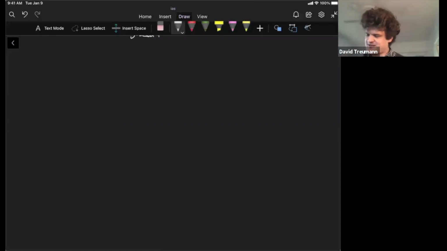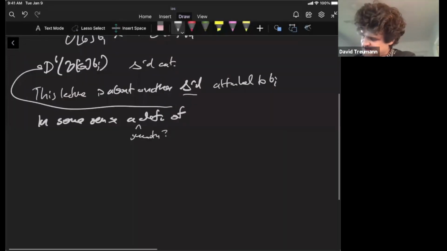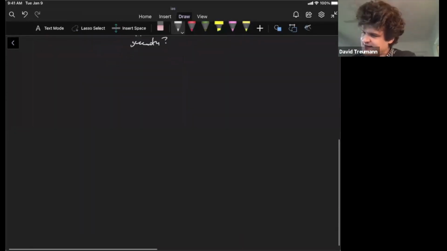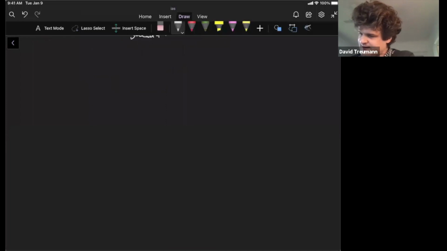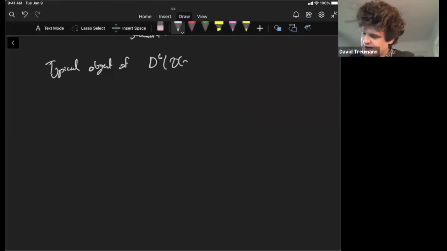All right, so I just want to say at the beginning what kind of thing this triangulated category is, and how it's maybe related to the usual derived category of the group algebra. So a typical object of the derived category of the group algebra is a permutation module.